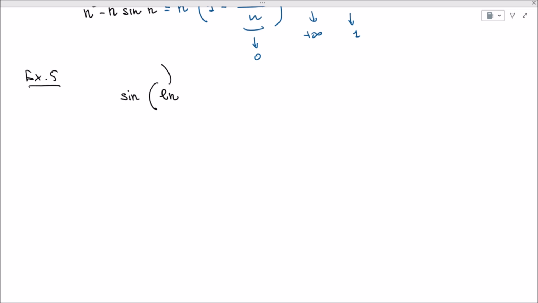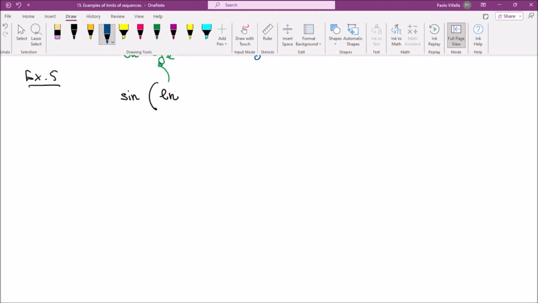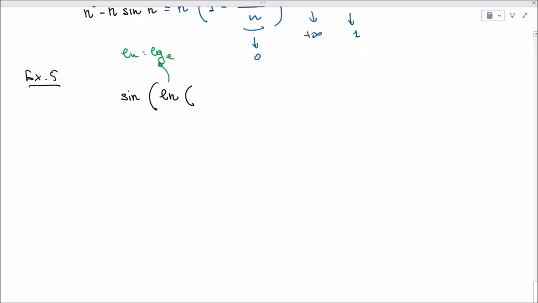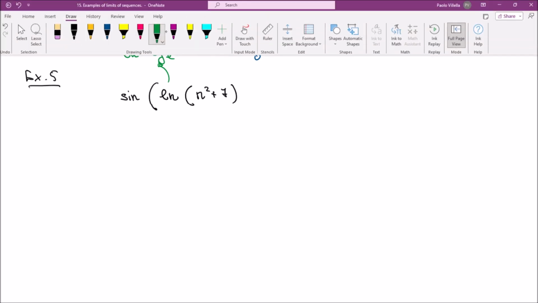Remember that this symbol ln is just the logarithm base e. So let's consider the logarithm of n squared plus 7, and clearly this is possible.